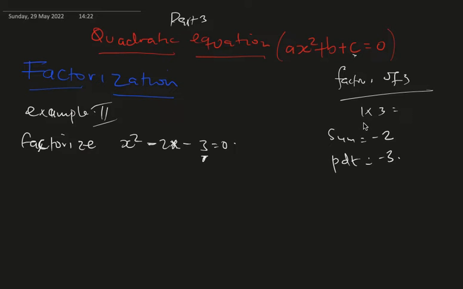So you think of what to do about these numbers. Which numbers, with a negative sign, give negative 2 and negative 3? Looking at it, it will be this one, because 1 plus negative 3 gives negative 2, and 1 times negative 3 gives negative 3.